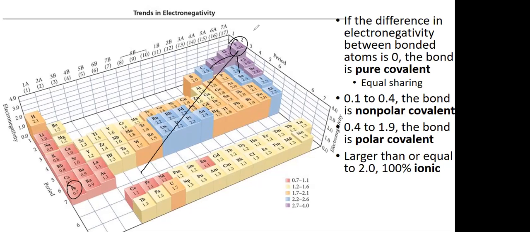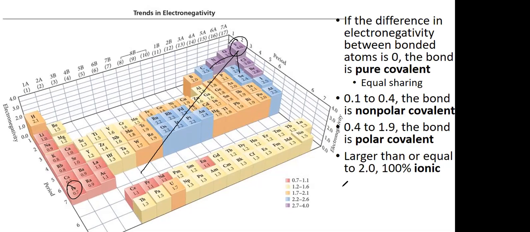Now, when you are looking at bonds, you can look at the electronegativity difference between atoms and determine what type of bond they're in. So if the electronegativity difference between two atoms is 0, you're in a pure covalent bond.